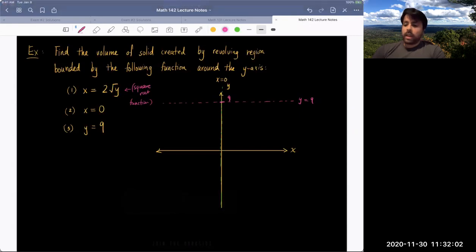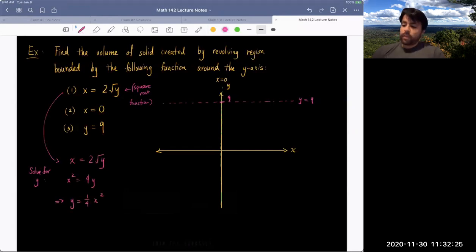So let's see that. What happens if I were to do that, right? If I say x equals 2 rad y, and I solve for y, what would I get? I'll get x squared equals 4y, because I squared both sides. And then I'll get y is equal to 1/4 x squared.